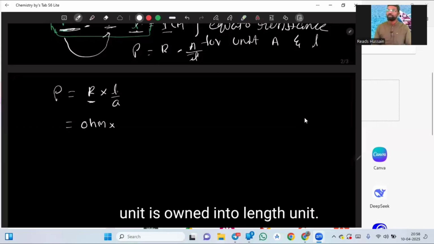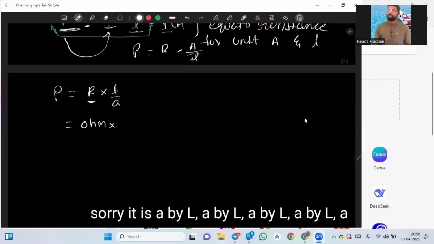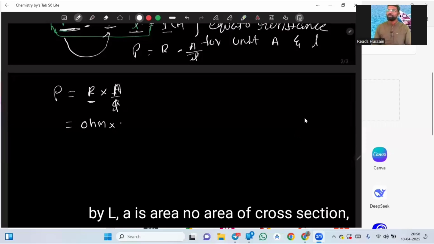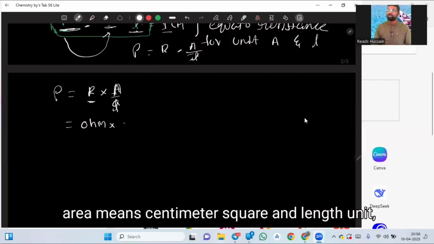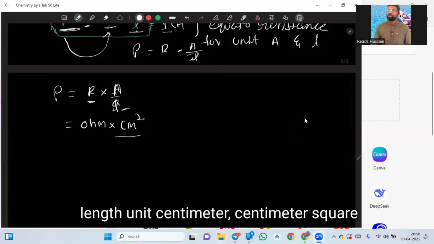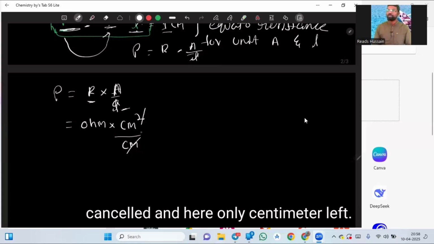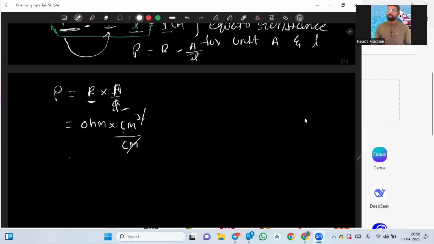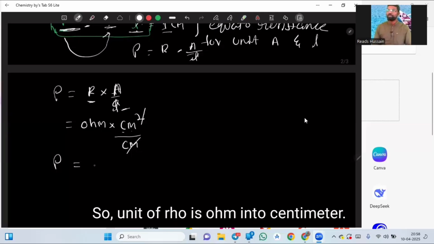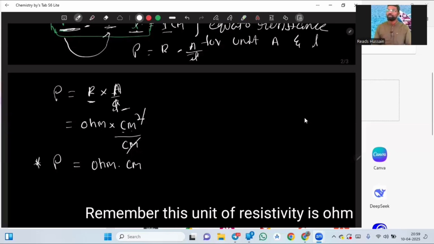A is area of cross section, so area means centimeter square, and length unit is centimeter. Centimeter square and centimeter, square and centimeter get cancelled, and only centimeter is left. So unit of rho is ohm into centimeter. Remember this, unit of resistivity is ohm centimeter.